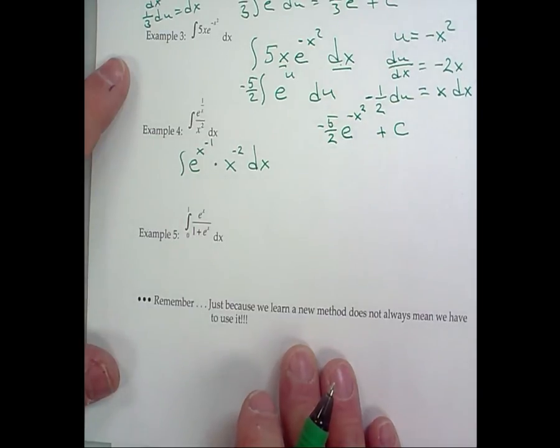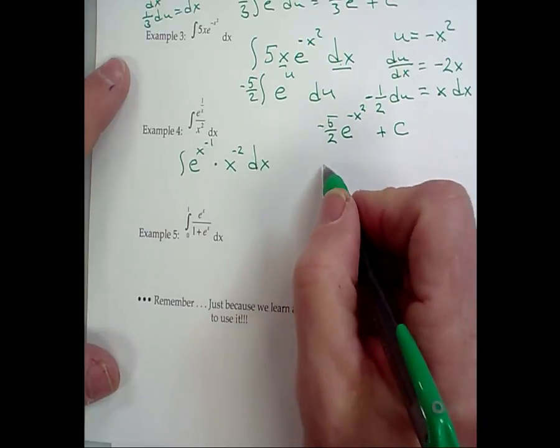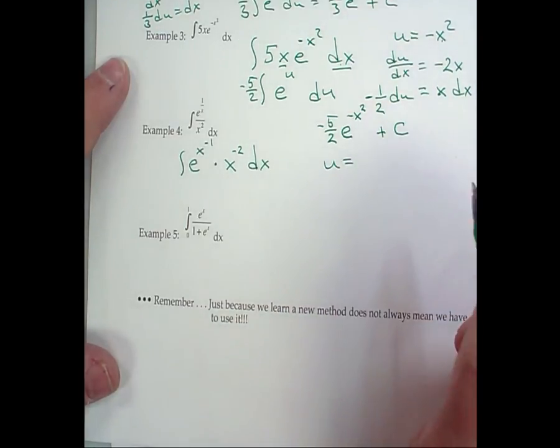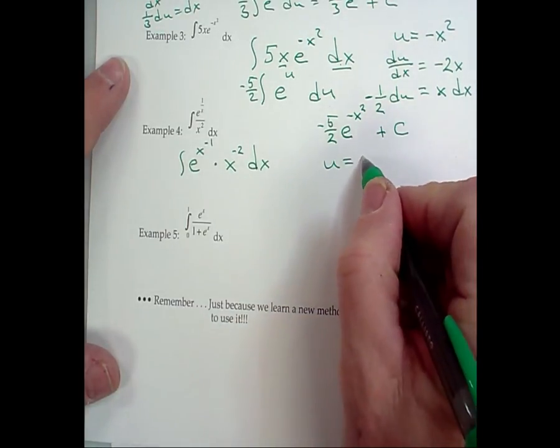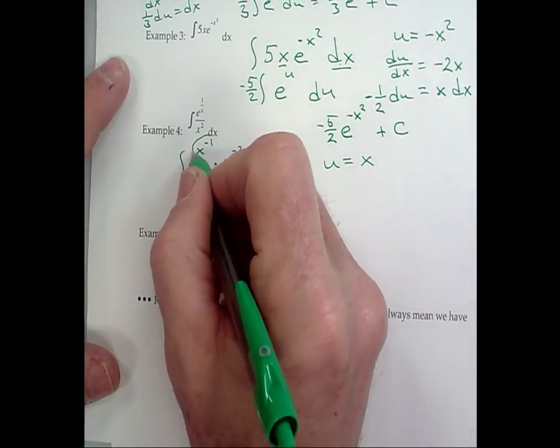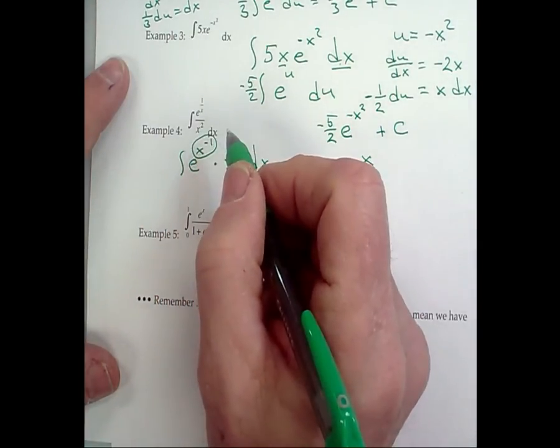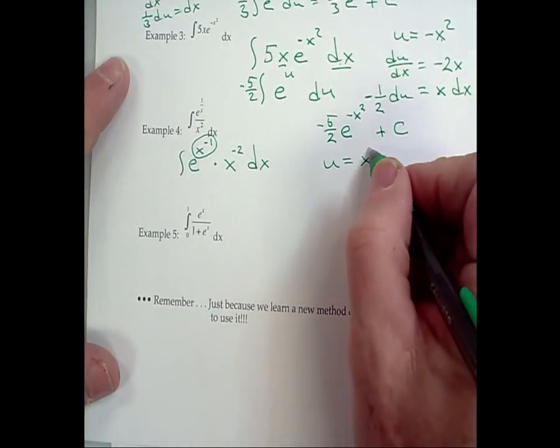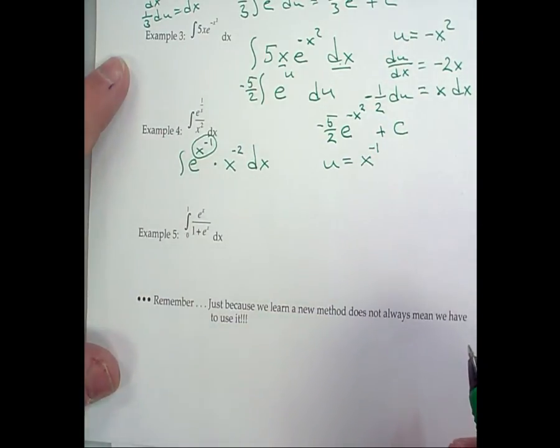Do you do u substitution? Sure. Okay. What are you going to let u be? Is it x to the negative second? It'll be always this exponent. Oh, that one. Yep. So the negative first. Okay.